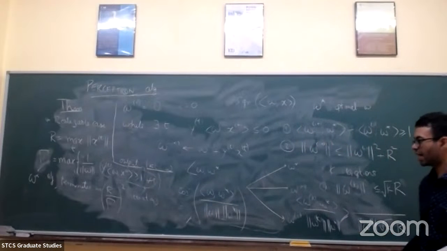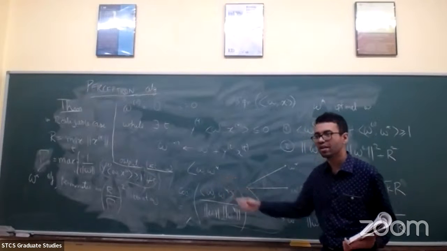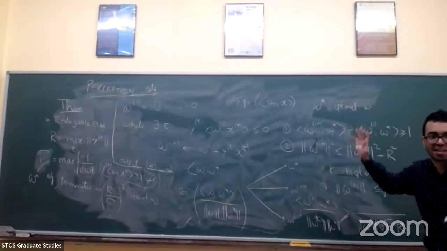Remember, I want the whole thing to be small, so I want the thing in the bracket to be large. So I want to say that this is quite big.